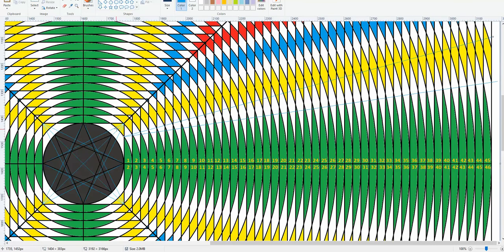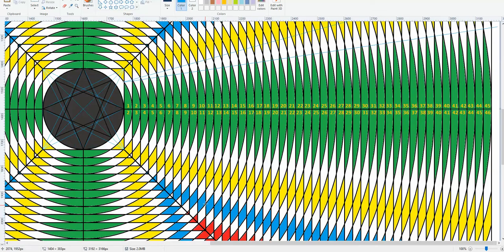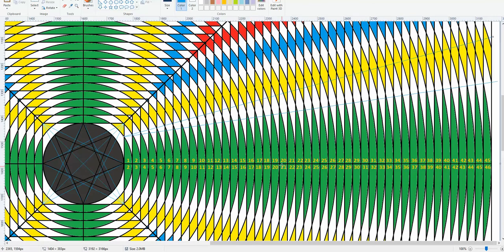And then whatever happens here, and I don't know if it's because of these beams going out that's forming this and all the way around, or what, but this is an 8-pointed star.